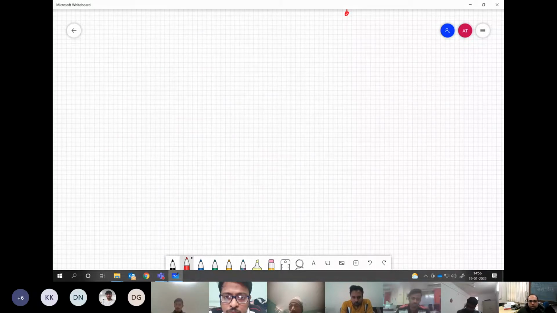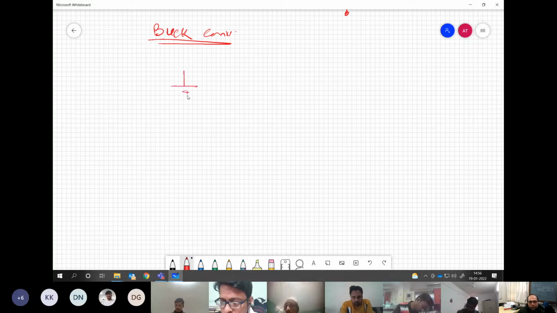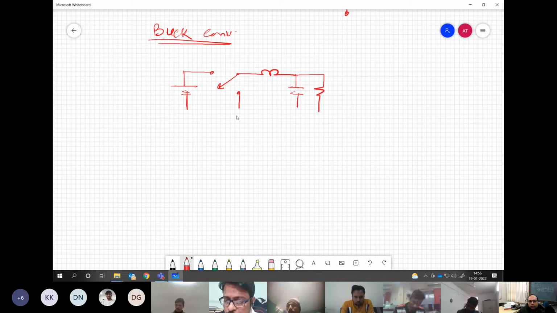So now let us talk about the realization of the buck converter. What do we have in the buck converter? We have a voltage source, then an SPDT switch connected in this manner. We have the inductor, capacitor, and the resistance.